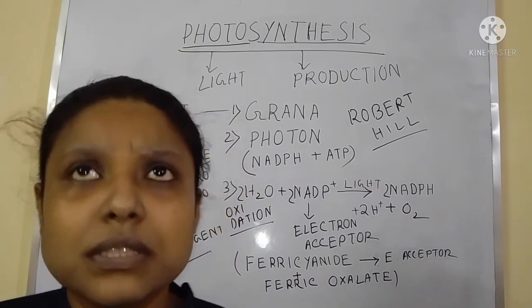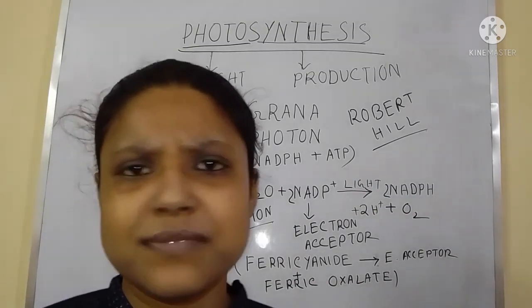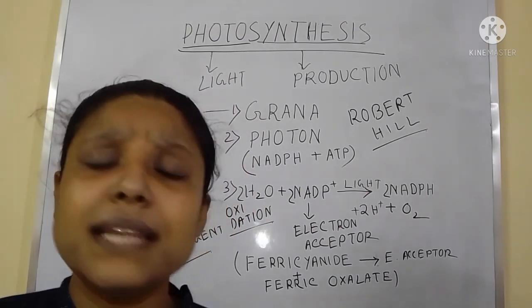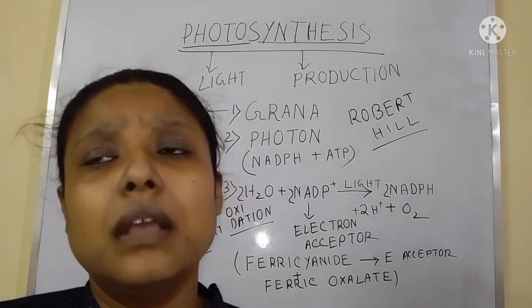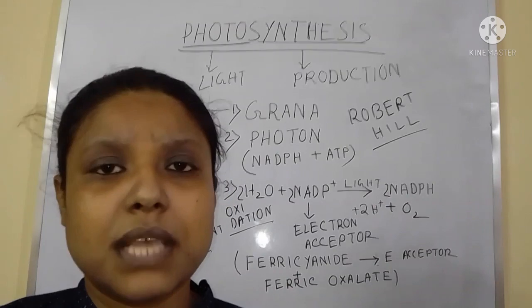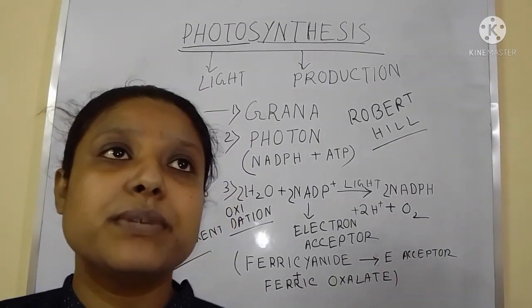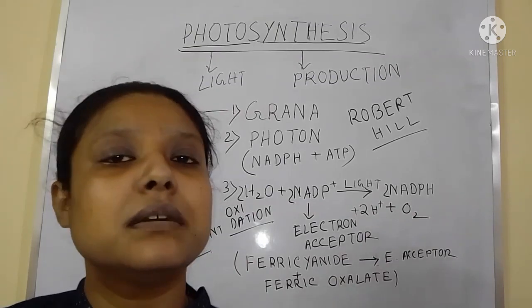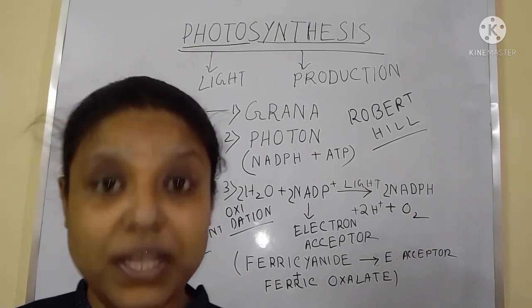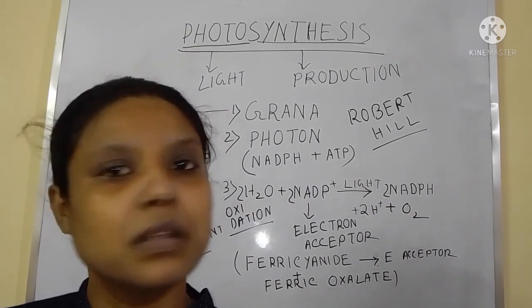So what is photosynthesis? In presence of light, generally plants take carbon dioxide, water, and minerals from soil, and in presence of sunlight, with the help of chlorophyll, they can produce glucose. Okay.